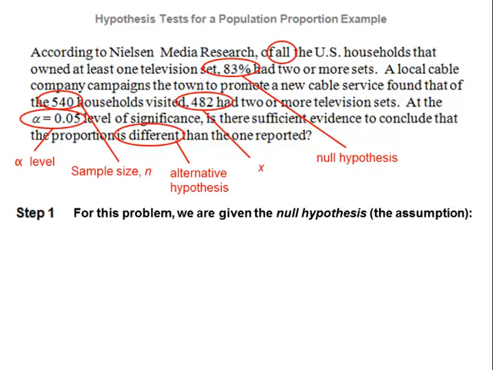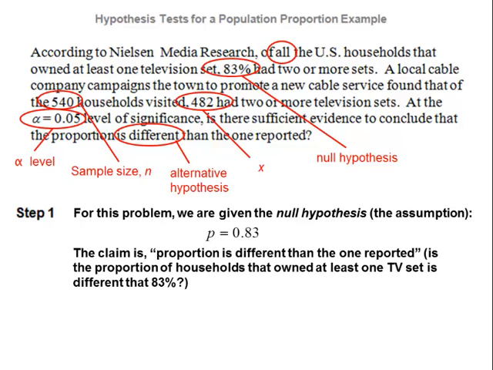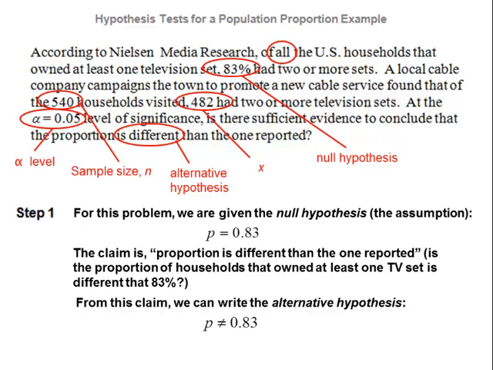Step number 1. For this example, we are given the null. p equals 0.83. The claim is the proportion is different than the one reported. Is the proportion of households that own at least one TV set different than 83%? So from this claim we can write the alternative. H1, p is not equal to 0.83.